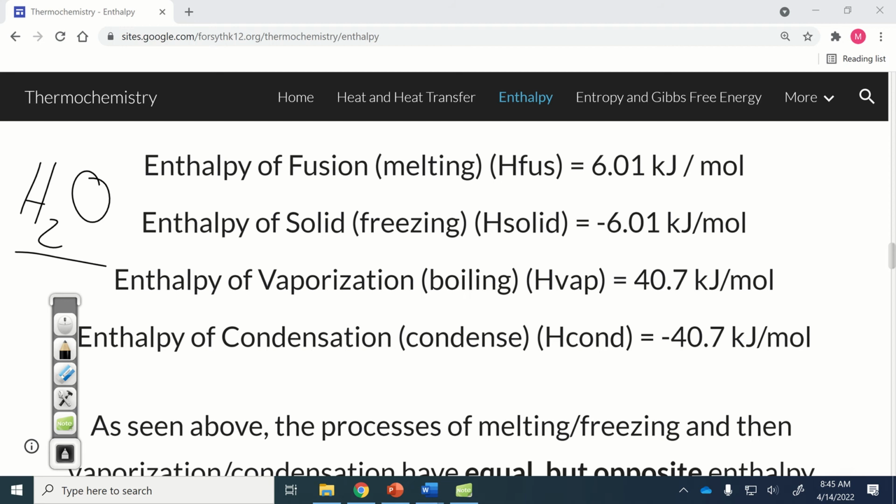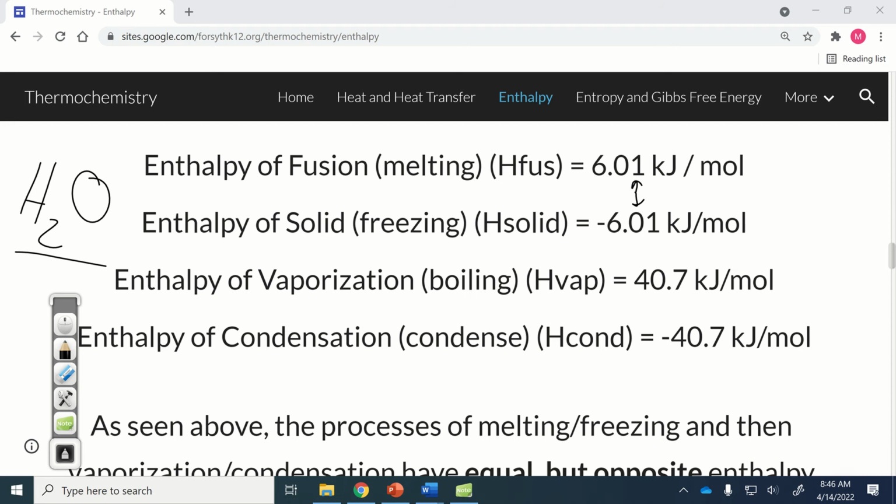So again, what do you notice about these two values? They're equal and opposite. Why? Well, because the energy needed to separate those water molecules from solid to liquid should be the exact same amount of energy they need to release to go back into the solid form.